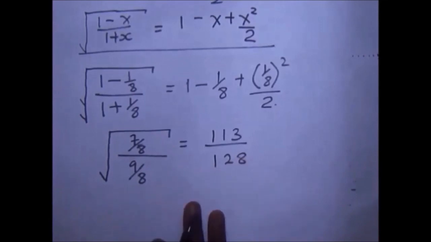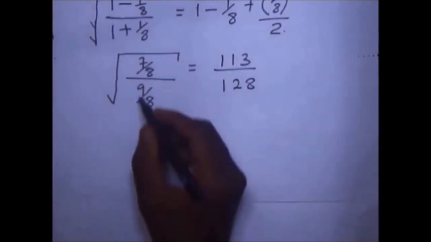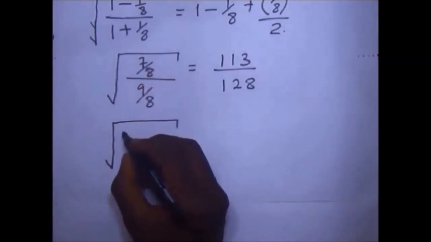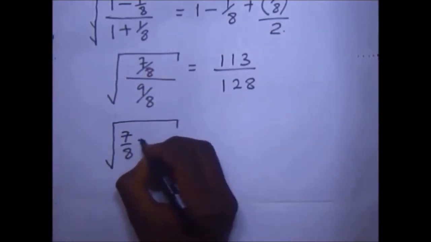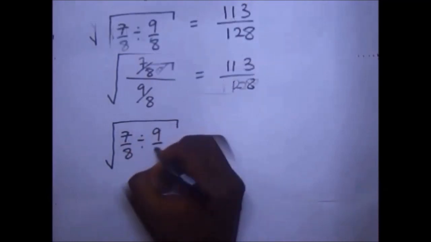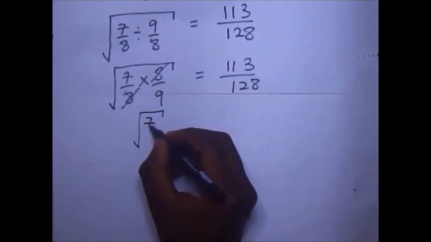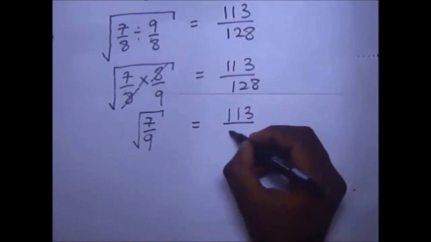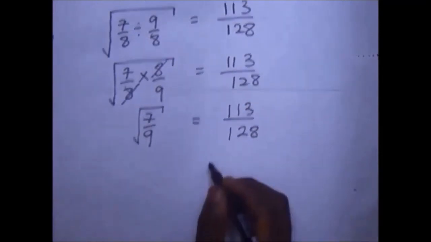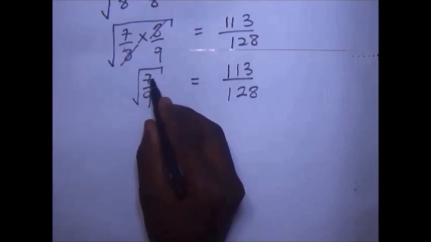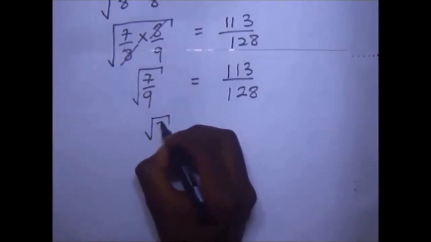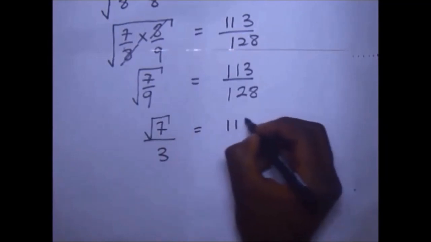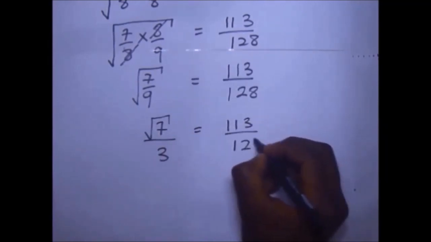So after getting that, this is the same as saying 7/8 divided by 9/8, the square root of 7/9, giving us 113/128. So here we have the square root of 7, divided by the square root of 9, which is 3, giving us 113/128.